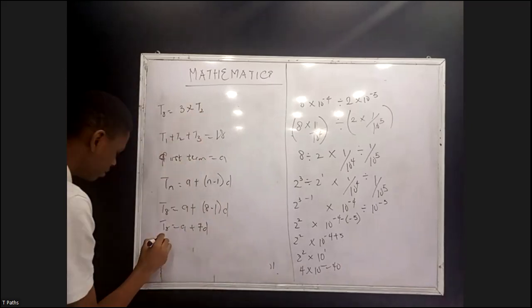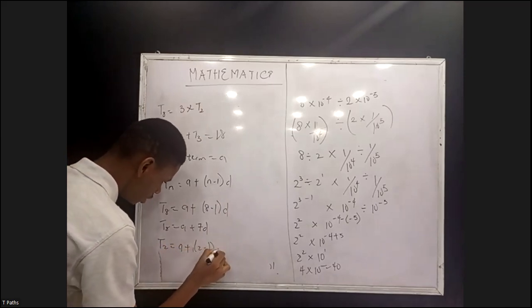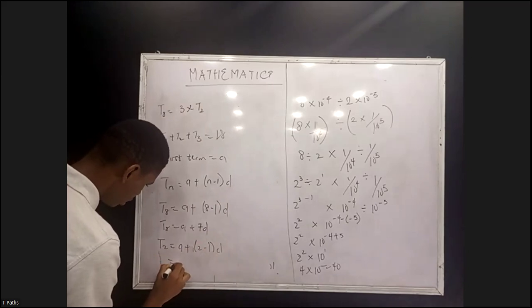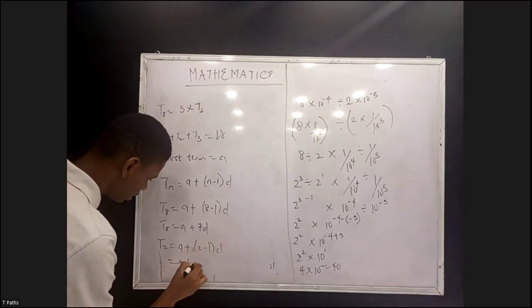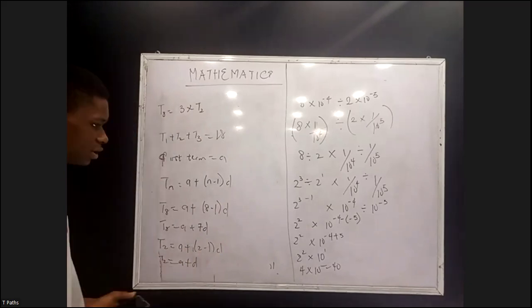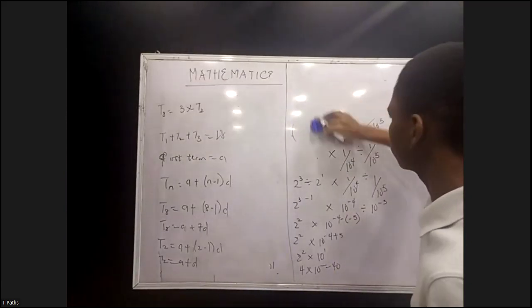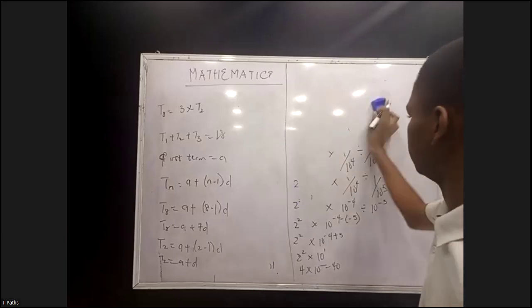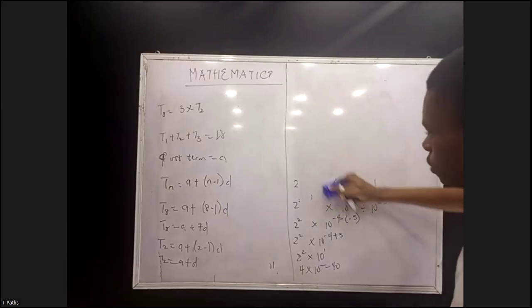Moving to the second term, it is A plus (2 minus 1)d, and 2 minus 1 is 1, and 1 times d is d. So my T2 is A plus d. What I want to do is write out equations for all these terms in terms of the first term and the common difference.